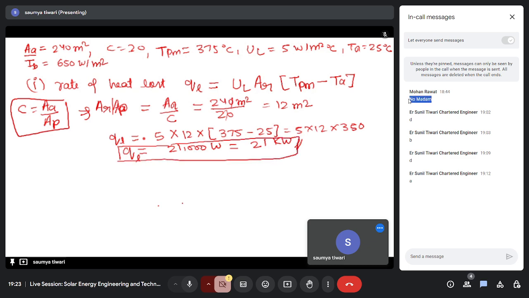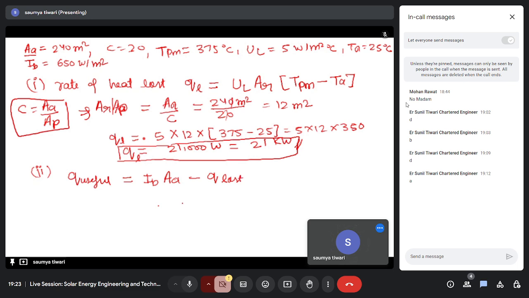Now what will be Q useful? We already know the heat loss, so from here we can calculate the useful heat. It will be whatever has been incident on your absorber, IB into your area of aperture, minus your Q lost.